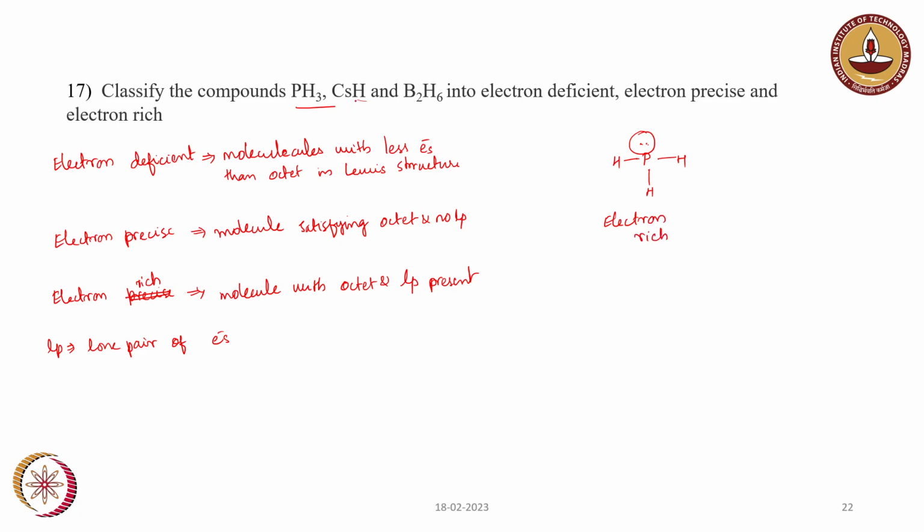Next one is cesium hydride. Cesium has only one electron in its valence. It forms a bond with hydrogen, so it's satisfied. So it's an electron precise system.